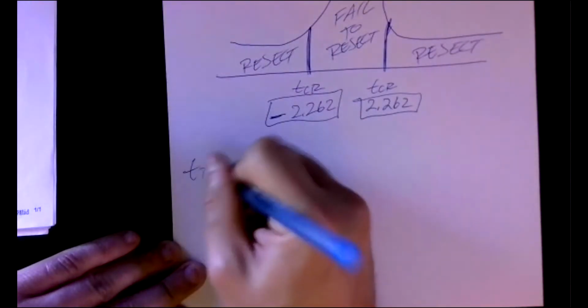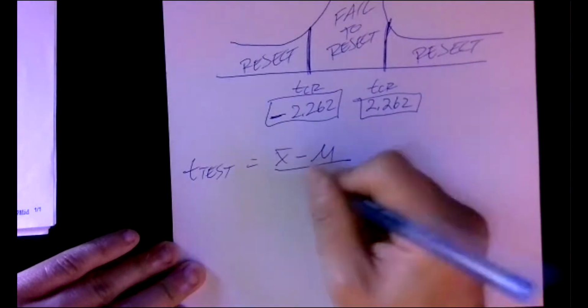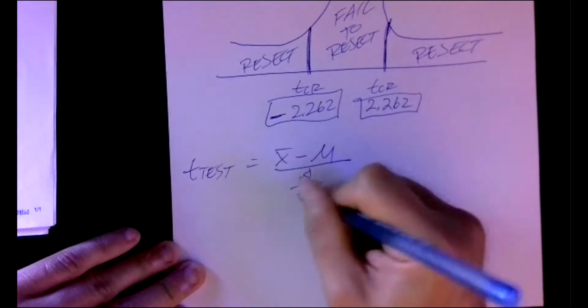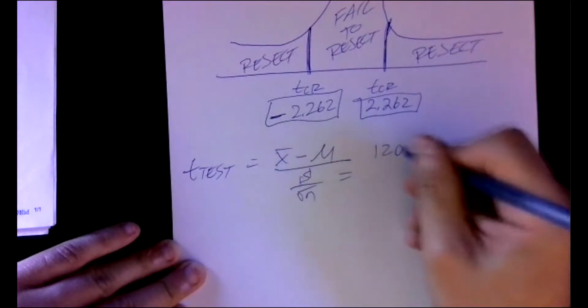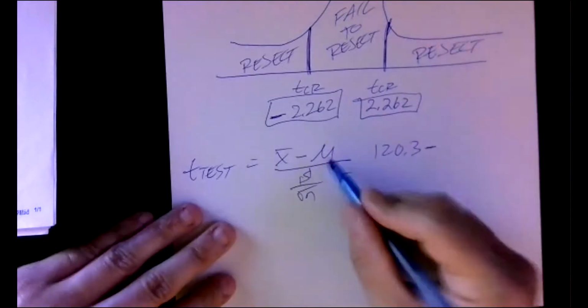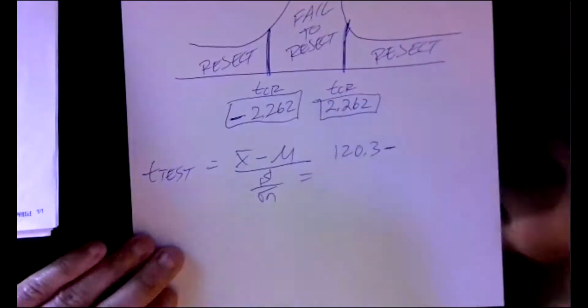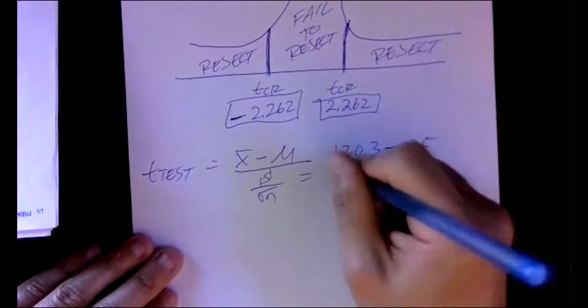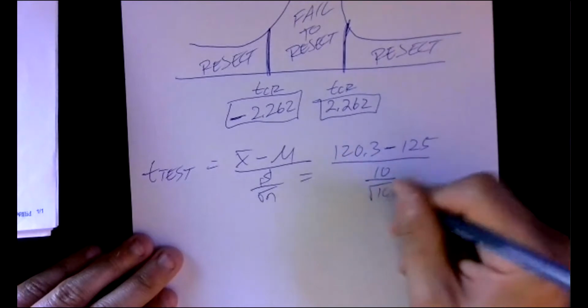Find the test statistic. X bar minus mu over S over square root of n. Sample mean is 120.3 minus the assumed population mean is 125. S is 10, N is also 10.